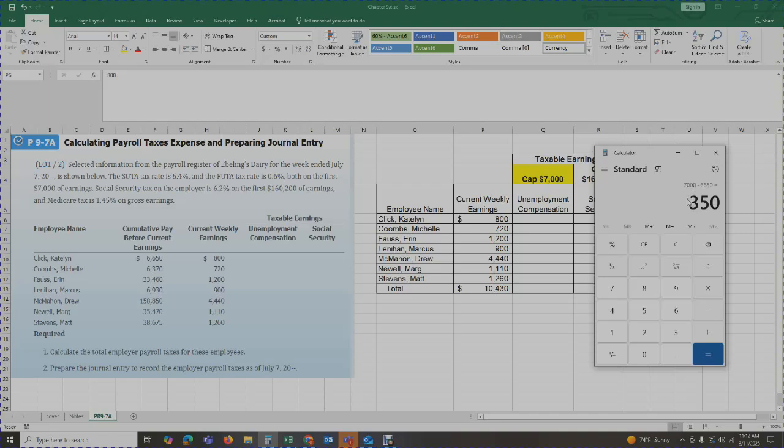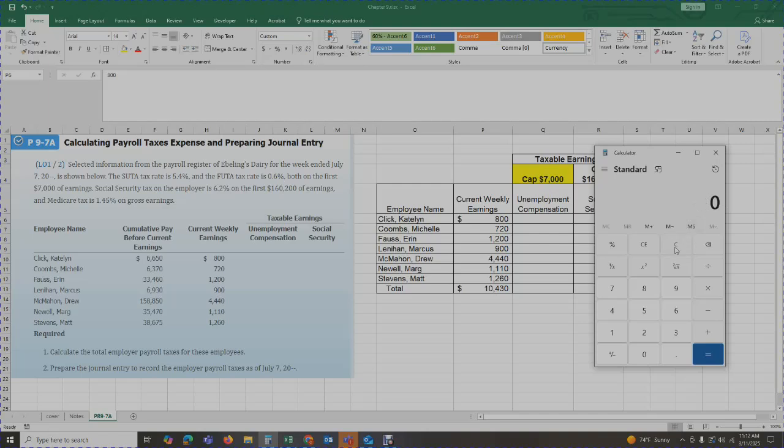Anything above $7,000 is not taxable. The employee earned $800, so that means that out of the $800 that they earned, only $350 will be taxable for unemployment compensation purposes. The $350 will allow Caitlin to reach that cap of $7,000.